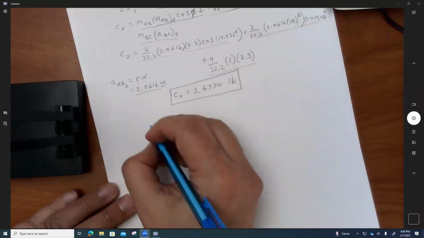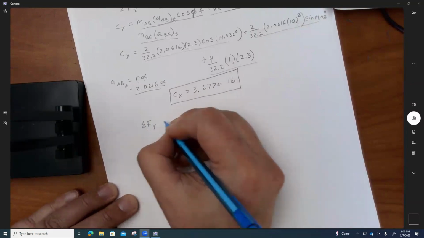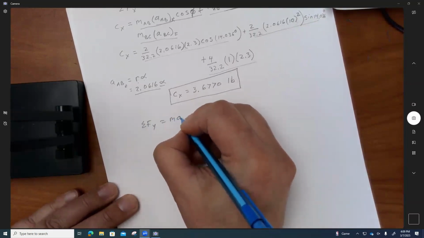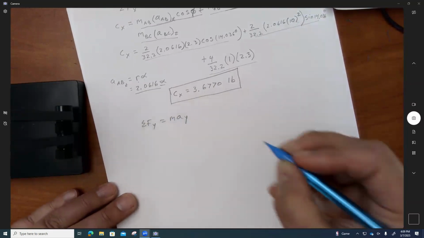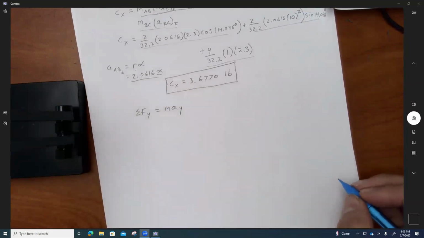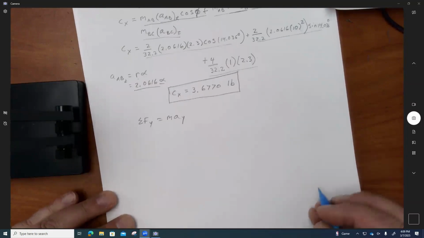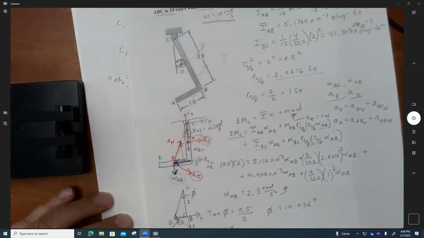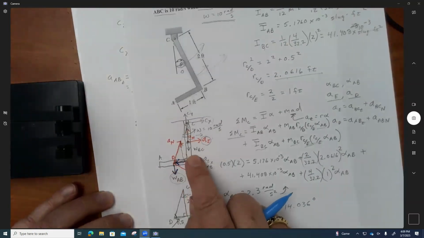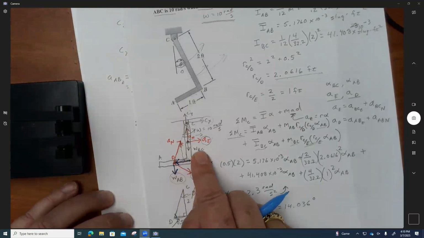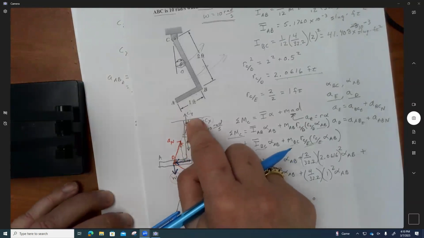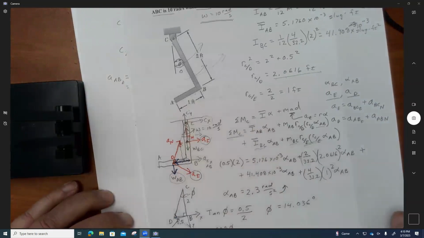Let's look at summing the forces in the y direction equals mass times the acceleration in the y direction. If we look at our free body diagram that's pretty messed up now, we have 2 weight components going down and 1 Cy holding it all up.